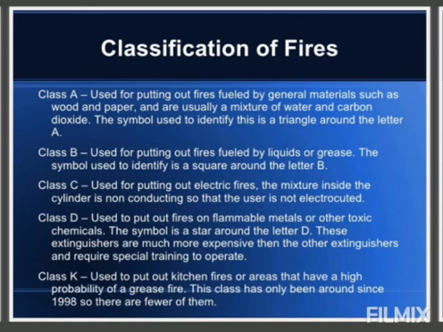Class C includes flammable gases. Class D includes combustible metals like magnesium, titanium. Class E includes electrical equipment, and class F includes cooking oil and fat. On the basis of these classes of fire, we can extinguish the fire.